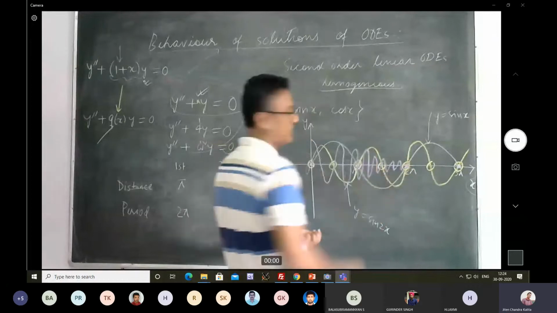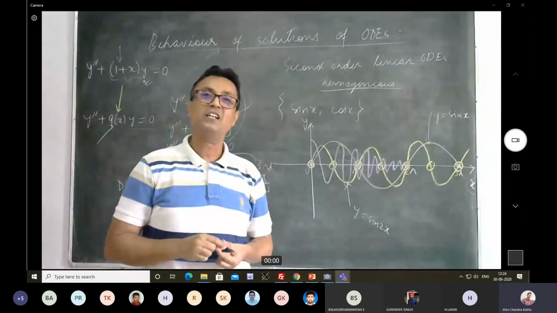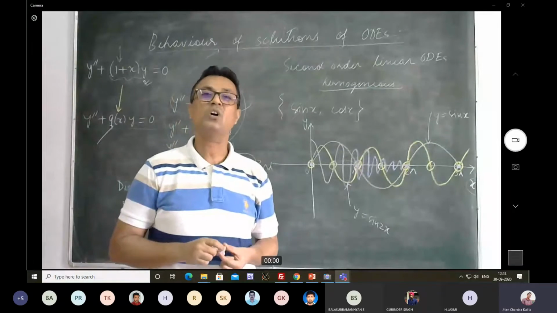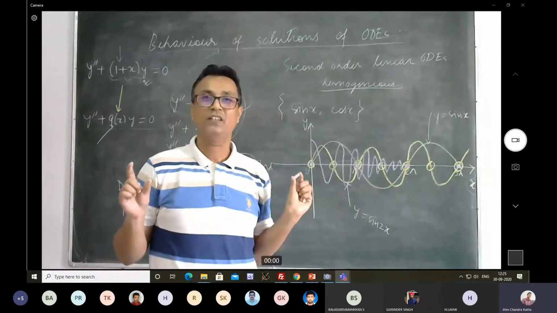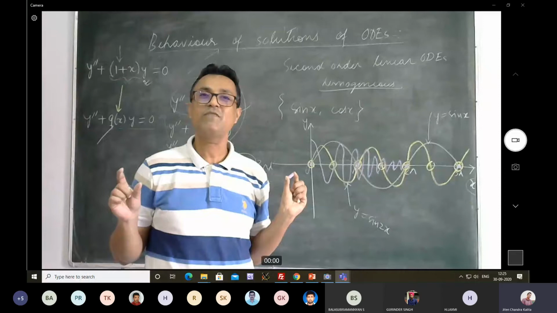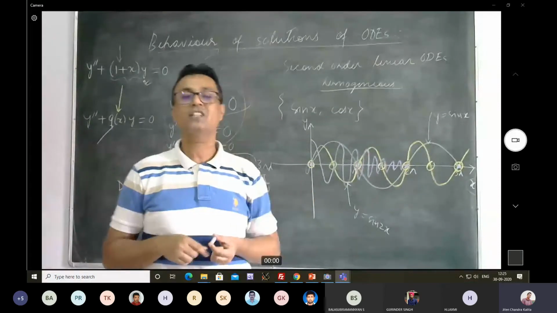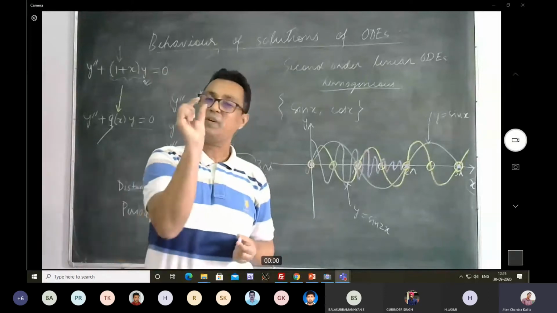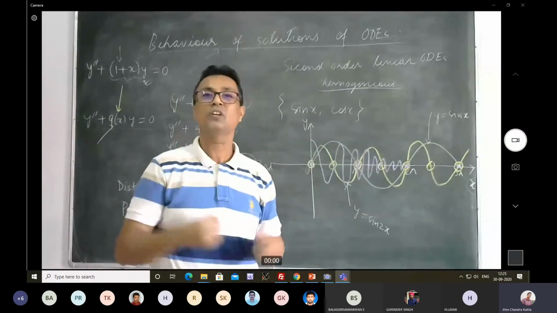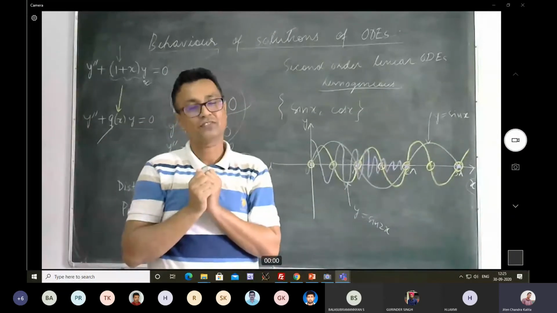In the first case we had seen that the spacing between two consecutive zeros was uniform, right? The spacing was the same for all the zeros. Is it okay? But in the second case, as x tends to infinity, the spacing between two consecutive zeros is getting smaller and smaller, right?